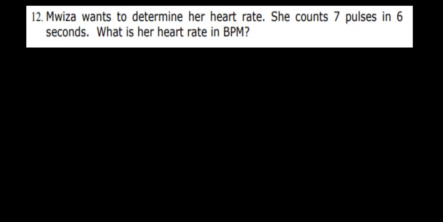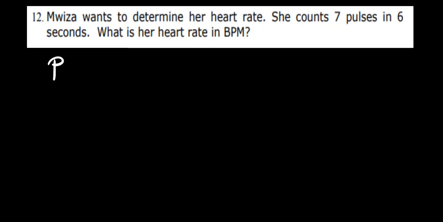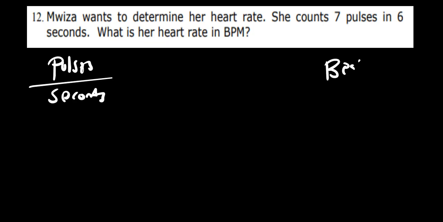Let's go to question number 12. Now question number 12, we're saying Muiza wants to determine her heart rate. She counts 7 pulses in 6 seconds. What is her heart rate in beats per minute? Okay, so we are saying pulses per second, then we want to change to beats per minute, so that it becomes easier for us.